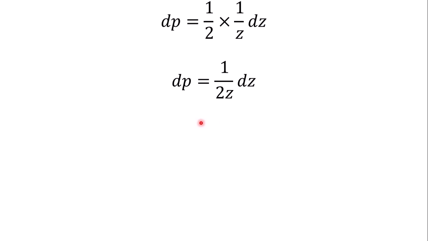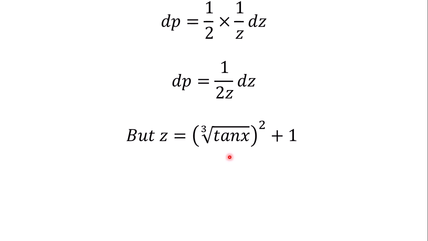But I'm writing that one for you just to remind some of us, of course. As we are moving on, there are some of them that we'll be forgetting, unless maybe you pen them down and use that one to follow. Okay, so but z is equal to this.